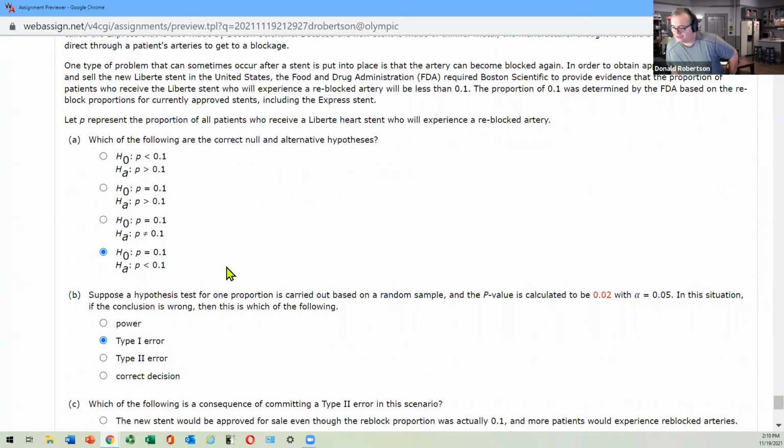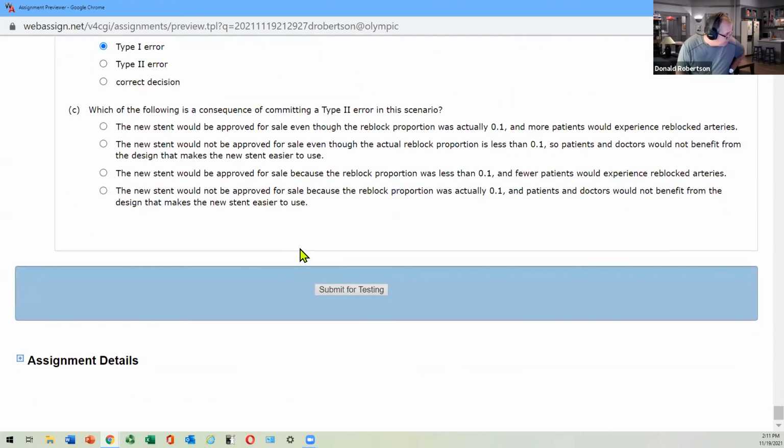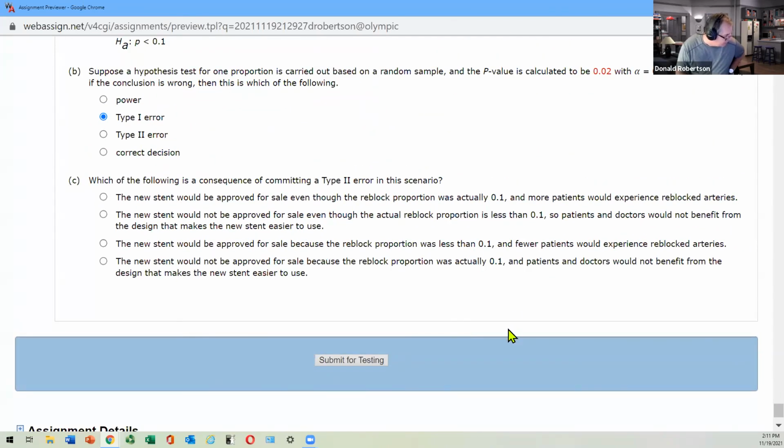Oh, you've got a stent that actually does a good job, but you didn't get evidence to prove that it did a good job. So wouldn't that stent never get used? So wouldn't the consequence be that you don't use something that could be of beneficial help to people? Right. So one of those sentences at the end should be something along those lines.